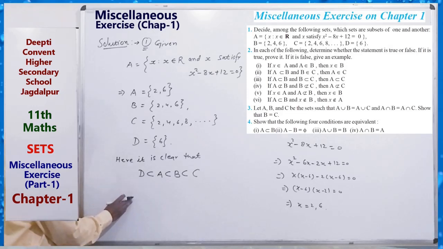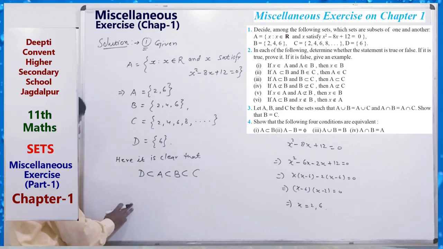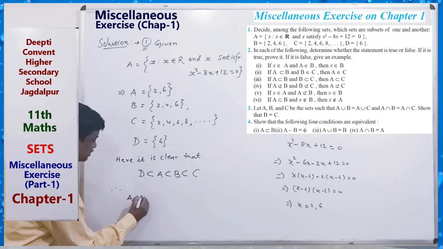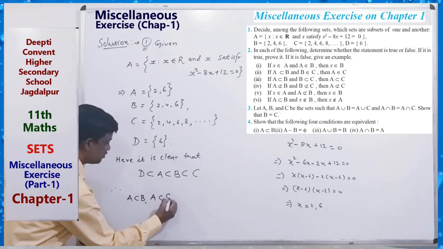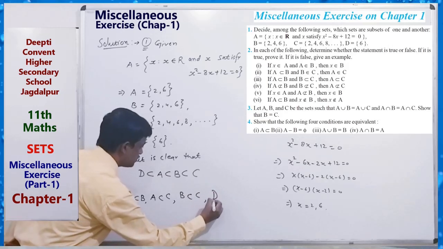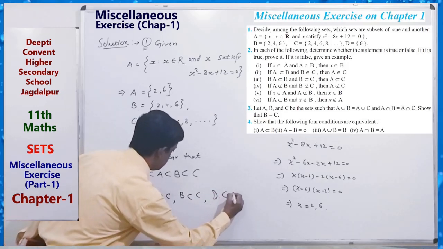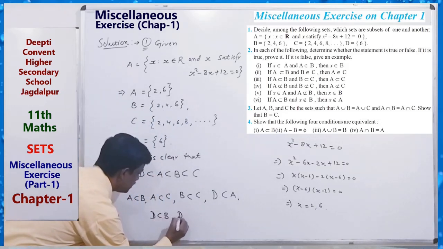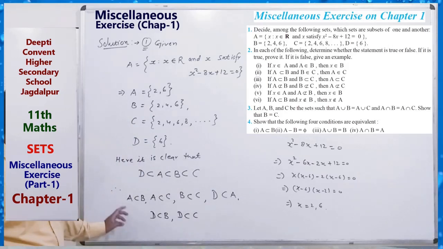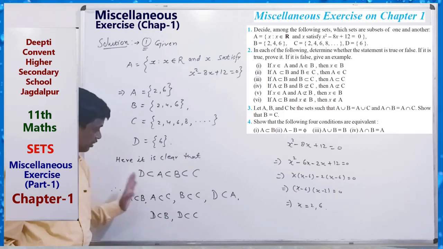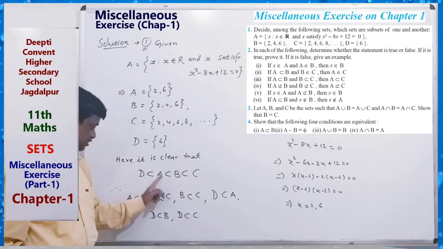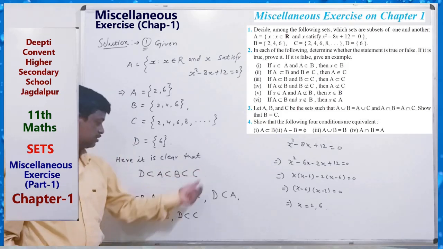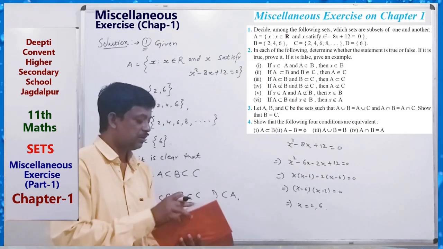So here A is a subset of B and C, B is a subset of C. Therefore, we can say A subset B, A subset C also, B subset C also, D subset A, and D subset A subset B, that means D subset B, D subset also C. So this is our answer. Okay, this was question first.